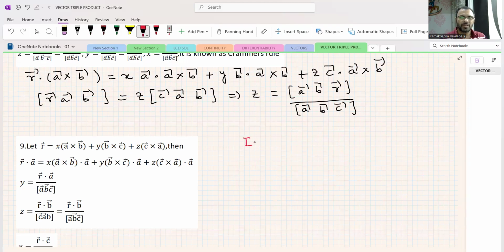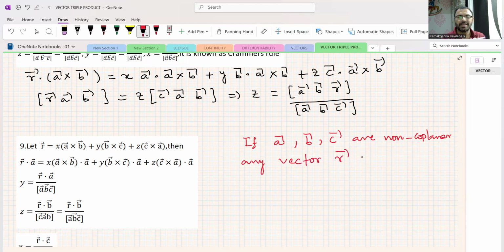If A bar, B bar, C bar are non-coplanar, then any vector R bar is given by R bar is equal to X A bar plus Y B bar plus Z C bar.